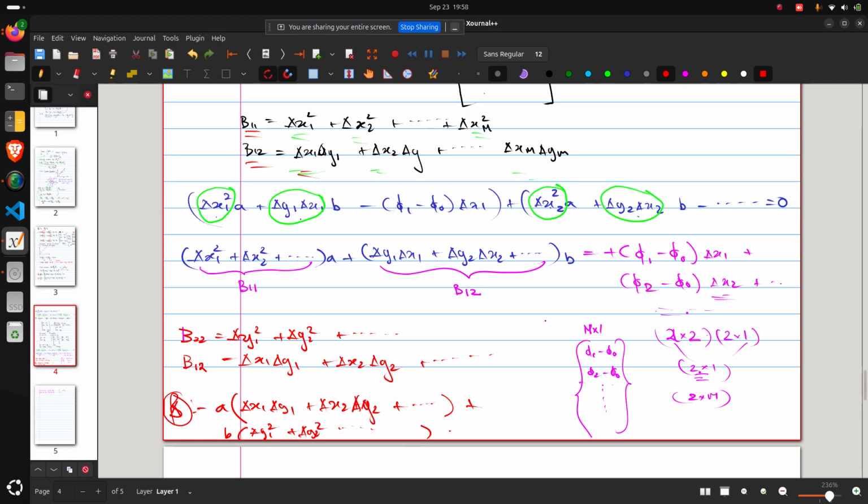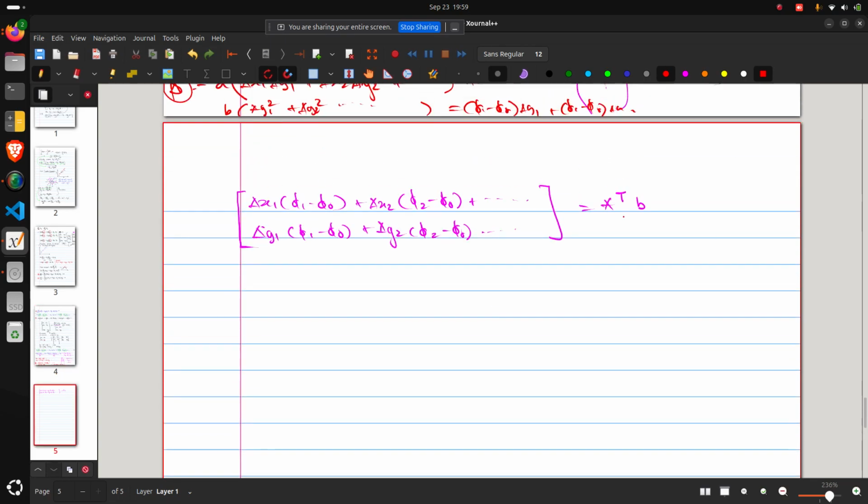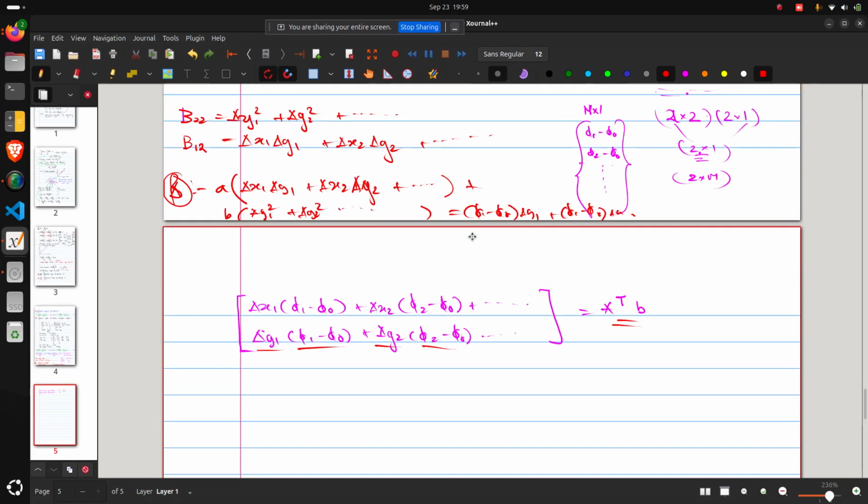And again we have phi 1 minus phi naught times delta y1 plus phi 2 minus phi naught times delta y2 that we already got from A transpose times B.